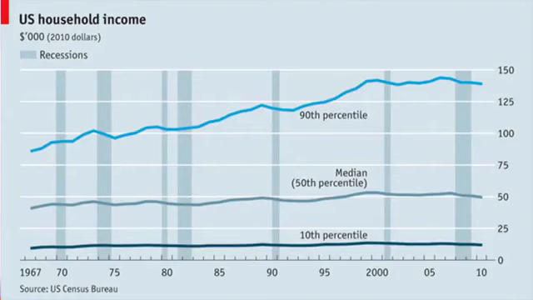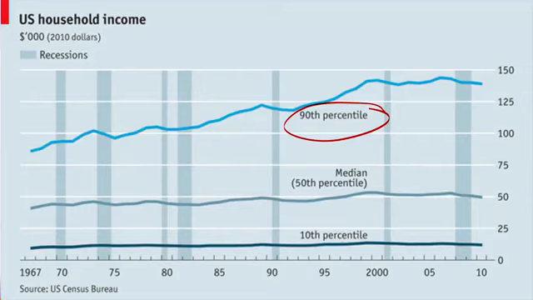World income distribution has improved, but within each country, income distribution has not necessarily improved. And here's an example from the United States. You can see that since the 1960s, there's been an enormous amount of growth in the US, but most of it has gone to the top 10%, the 90th percentile and above.